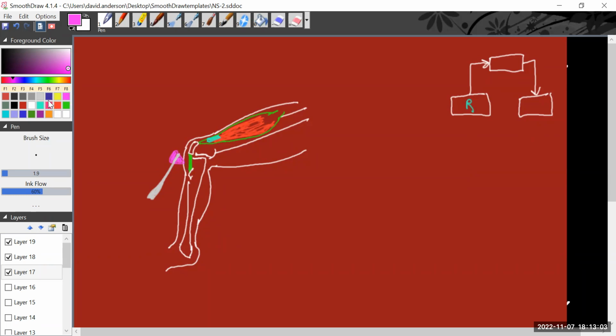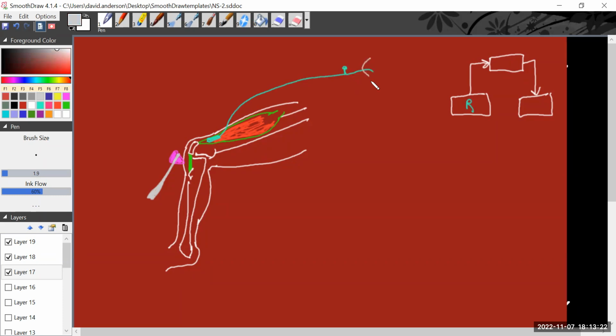And what we're going to see is that this receptor is connected to a nerve that's going to travel back to the spinal cord.